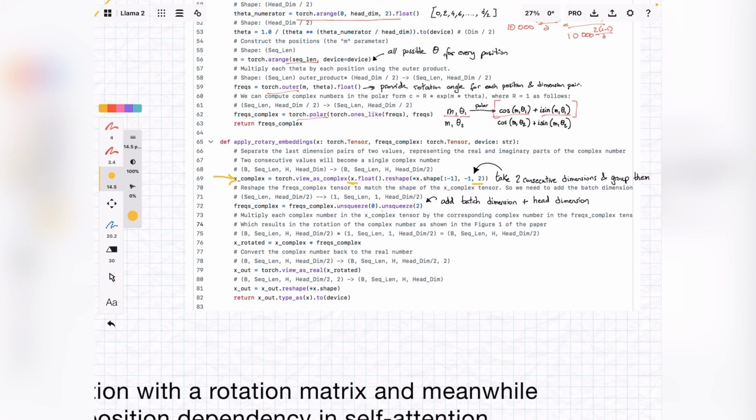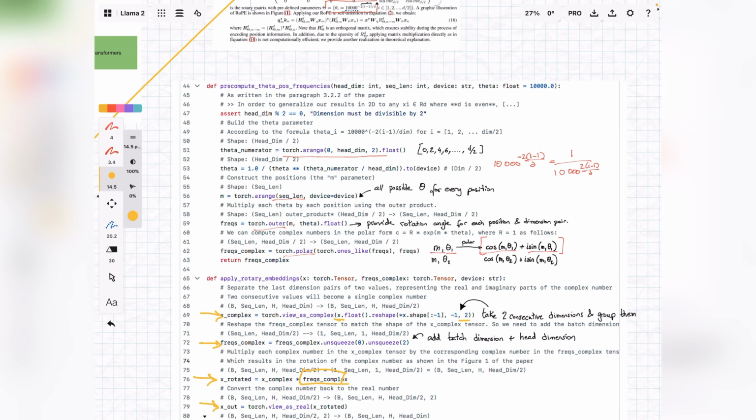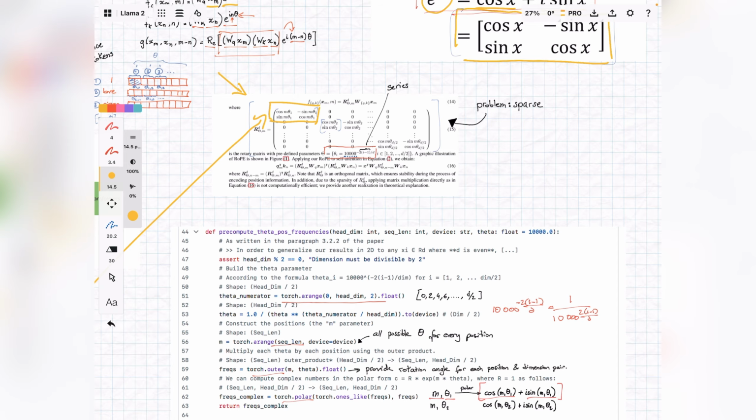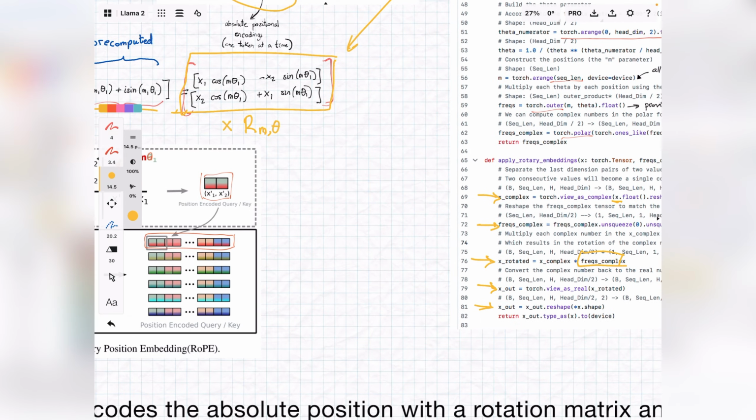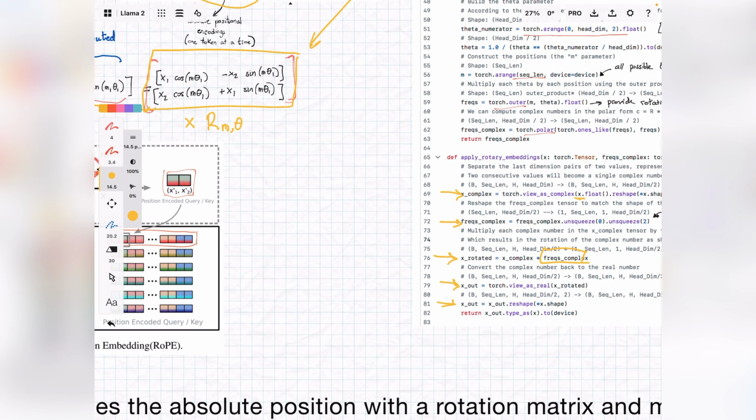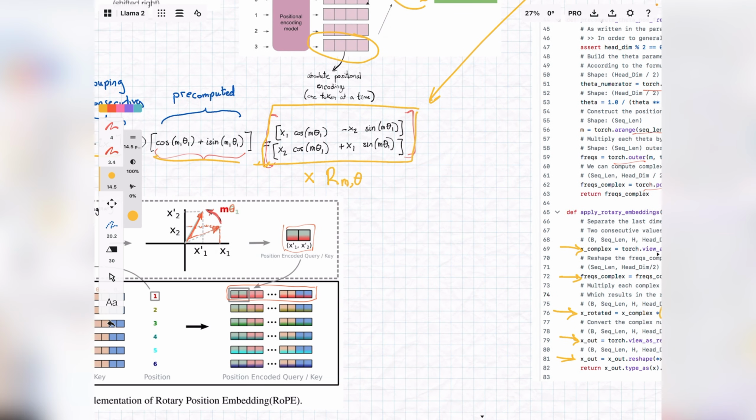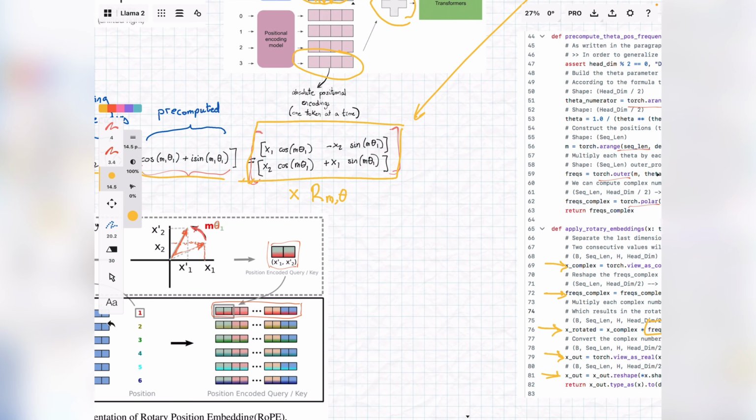We are adding a batch and head dimension at this line, and we're doing the multiplication of the complex with the pre-computed, which is this one. We are taking the real component of the result, reshaping it, and then returning the rotation matrix, which would be this guy right here. And ultimately, this would enable us to actually rotate the token embedding.